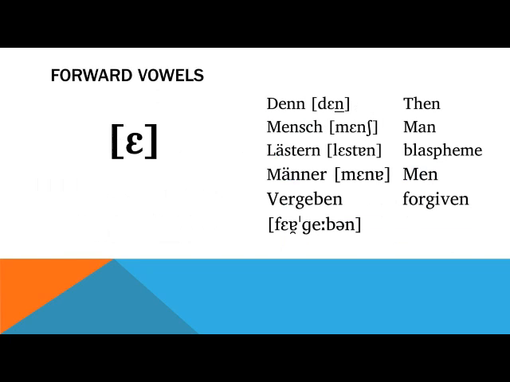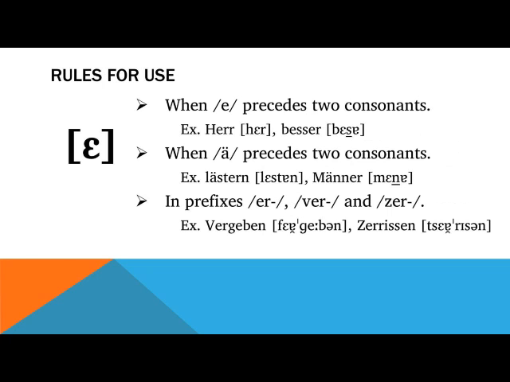And I also have some other examples to illustrate some of the other spellings. So we have den, Mensch, lästern, Männer, vergeben. And our rules for the open e are when the written E precedes two consonants, as in Herr and besser.